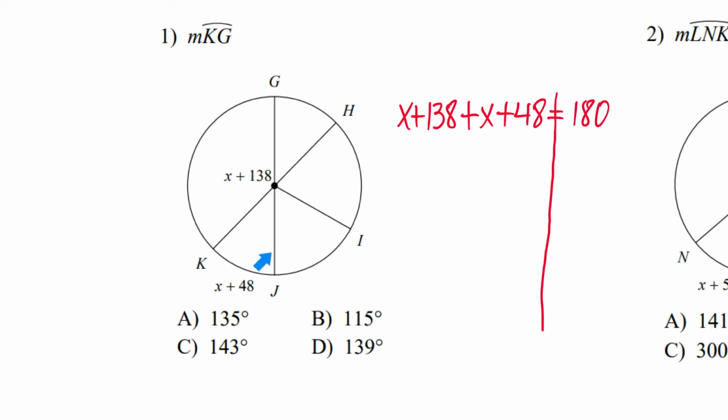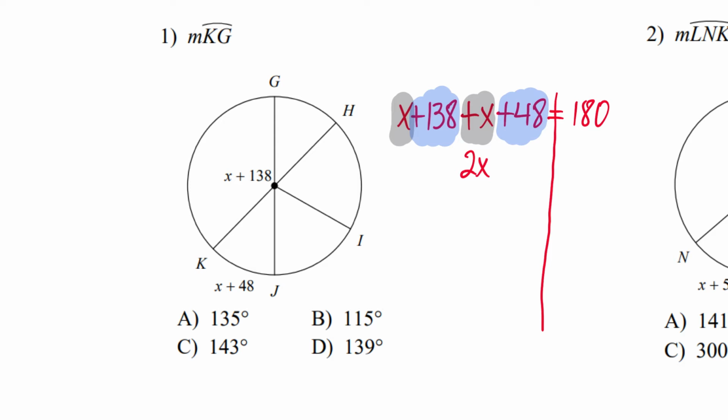Okay, those two together add up to equal 180 degrees. So now I'm just going to solve that like we did on our warm-up. So we have 1x and another x. So how many x's do we have? We have 2x. And then we have 138 and 48.